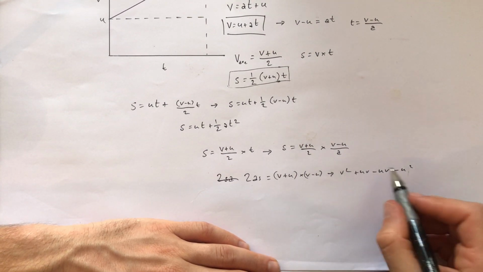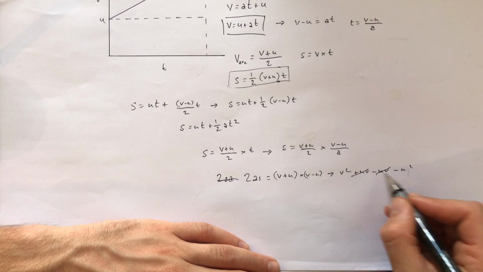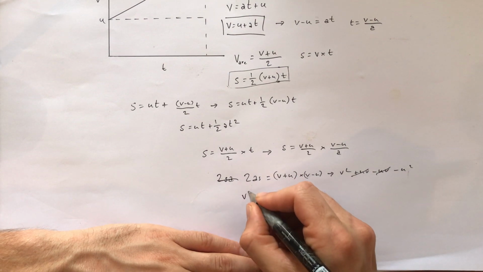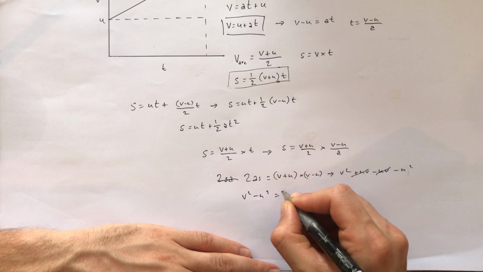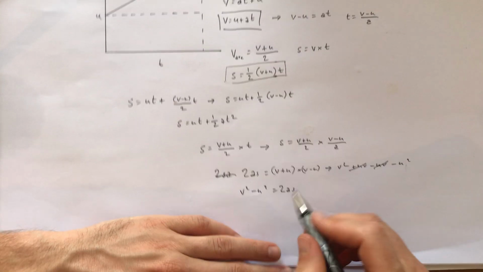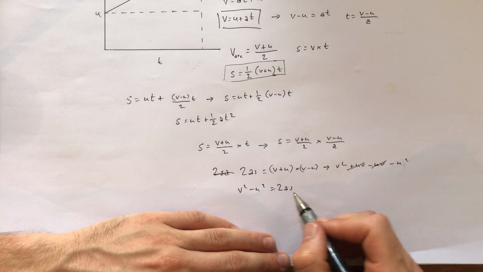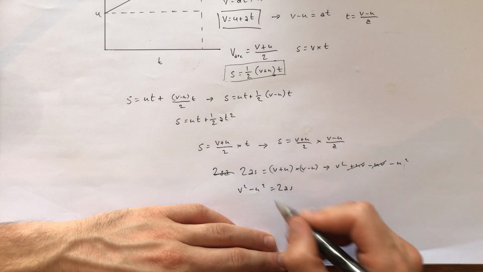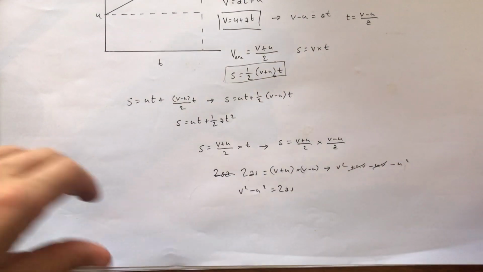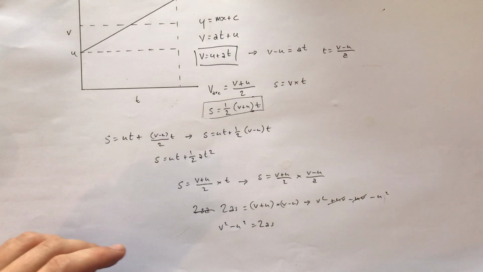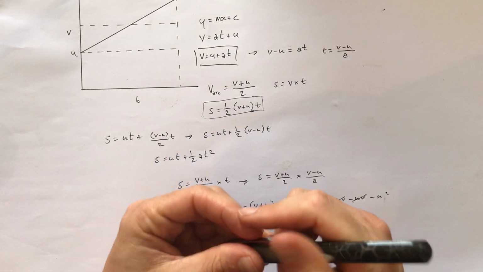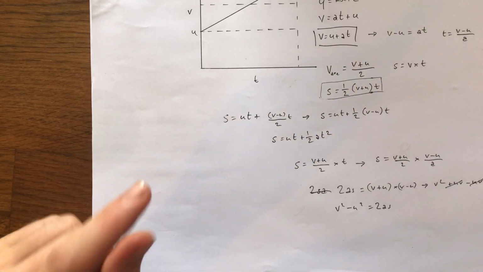Tidy that up, and the uv's cancel. What we get is v squared minus u squared equals 2as. And you see what we have here is an equation which helps us relate all those things together if we don't know time.